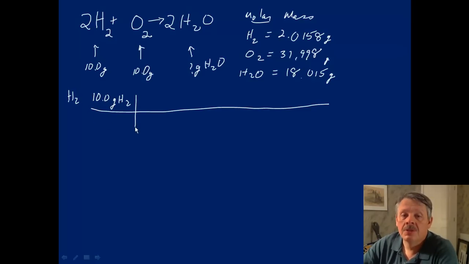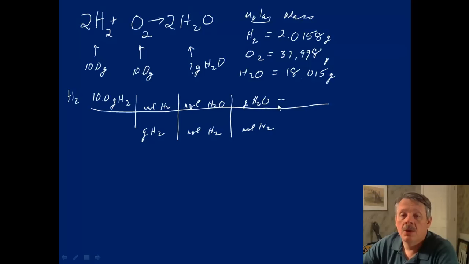This is exactly what you guys did in the last unit. So I'll do one of them, and then you can do the next one. We have 10.0 grams of hydrogen, we have to convert from grams of H2 to moles of H2. But we don't want moles of H2, we want moles of water. But we really don't want moles of water either. We want grams of water.